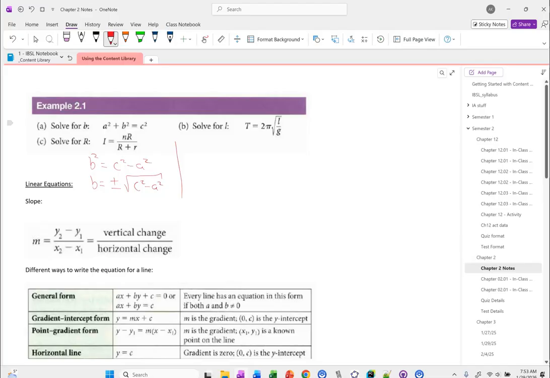So first step I would do is, what do you think? Nice. So we need to divide by R.